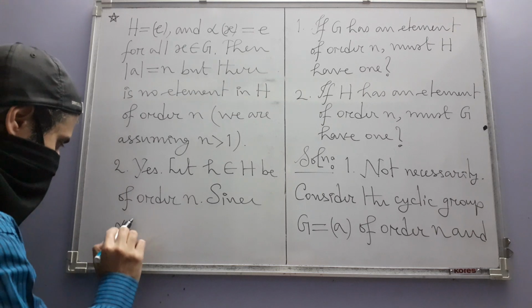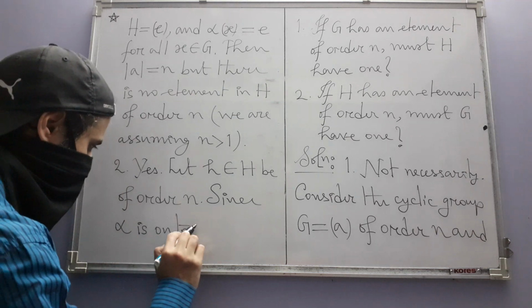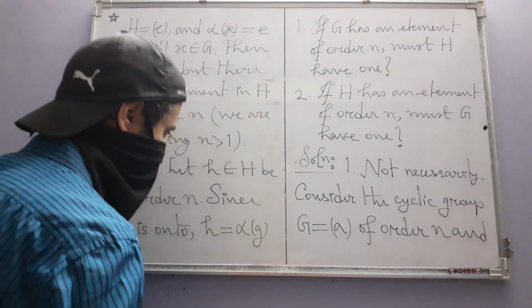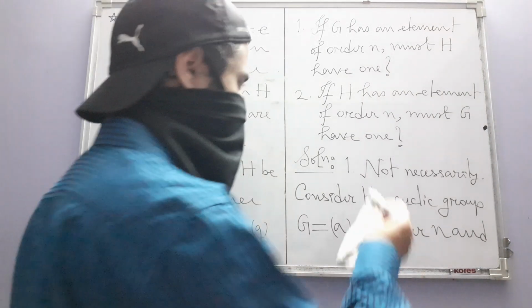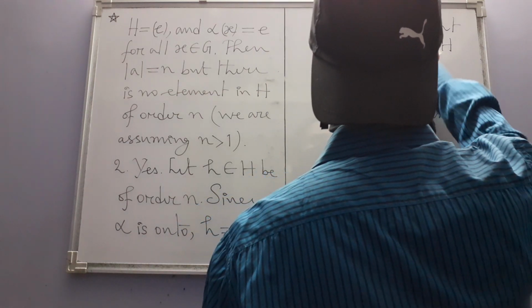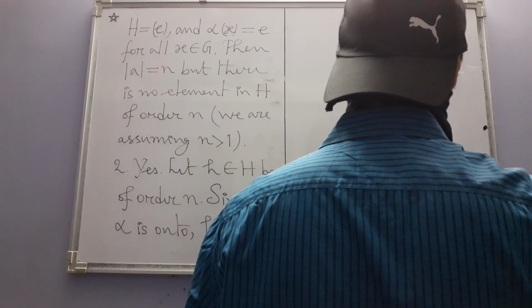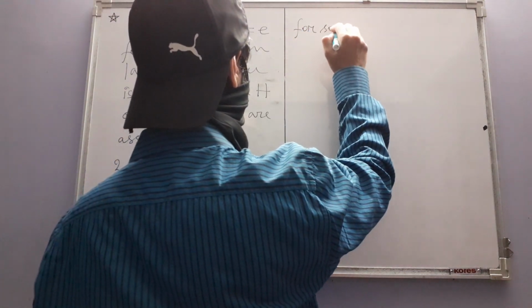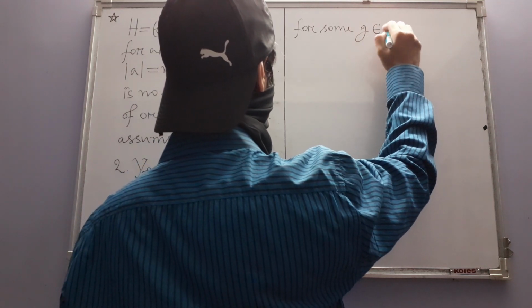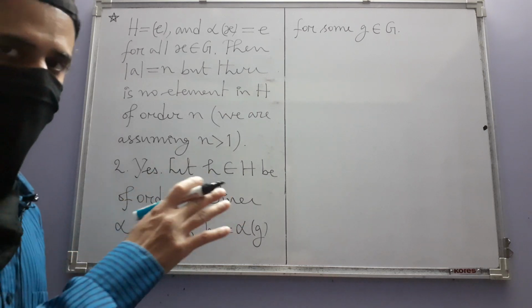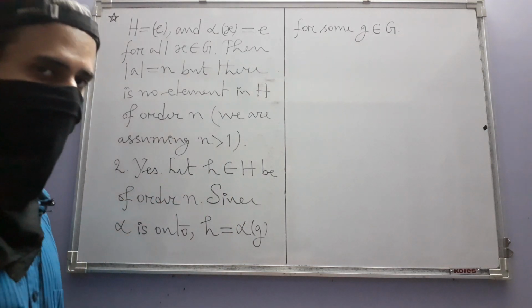Since alpha is onto, this h is equal to the alpha image of some element g in G. Now we are again going to use that result that we have used just now, that is theorem 4.10 part 3.